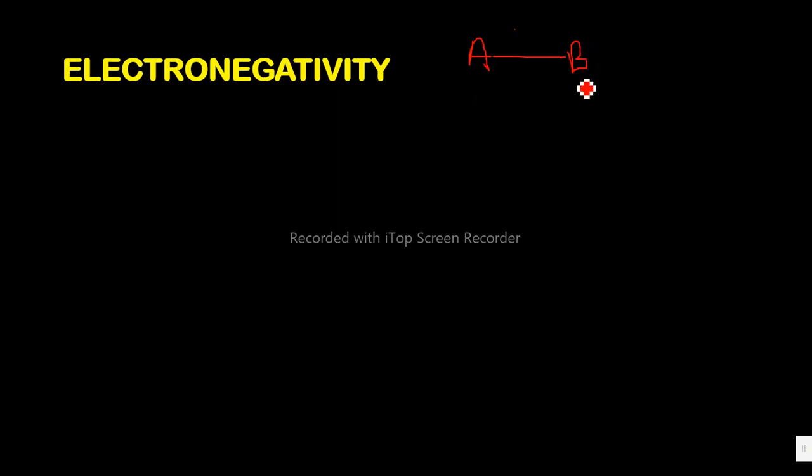Maybe atom B has too much greed for the electrons than atom A. Atom B will attract these bonding electrons within this covalent bond more towards itself. Yes, the bond will remain there, but since this atom has drawn the bonding electrons, it will assume a negative charge, but it is partial.